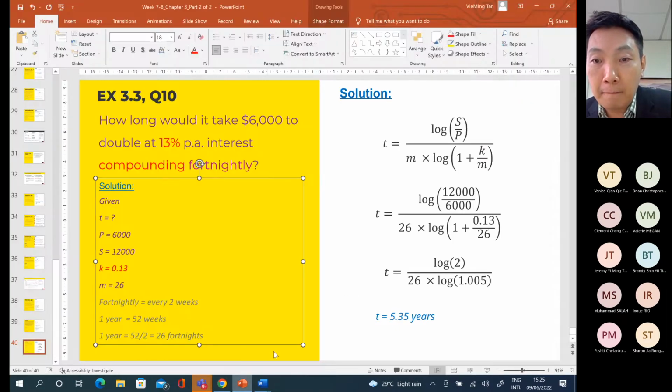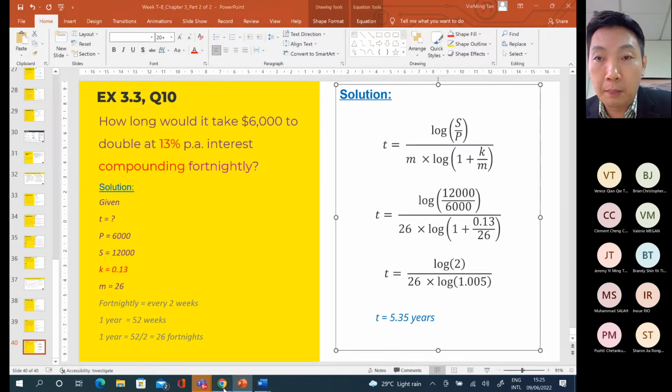Now I pause. If that's the case, I need to close the file first.